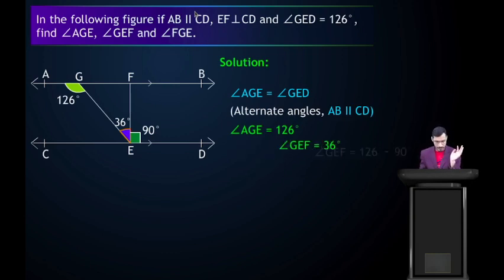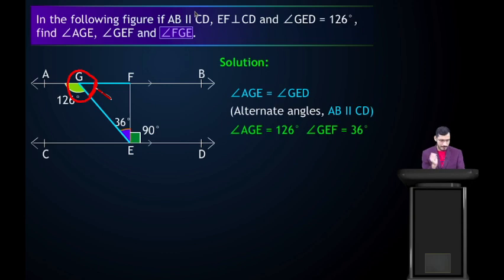Now find out angle FGE. Where is the angle FGE? F, G and E, that angle. Can you tell me the measurement of FGE? How can we find out FGE? Yes, correct.